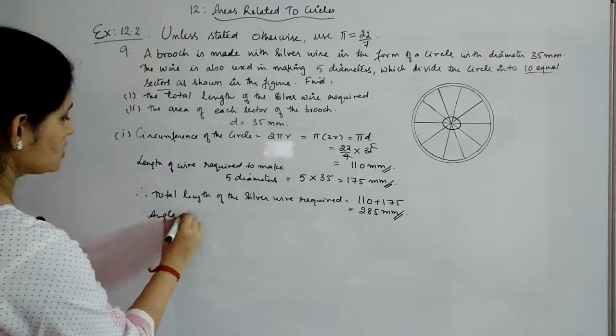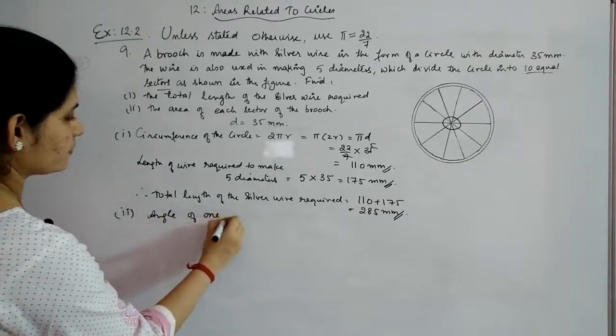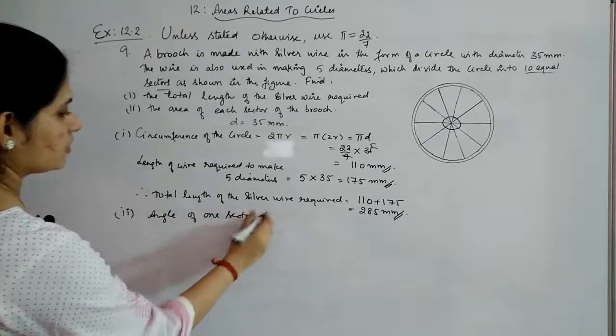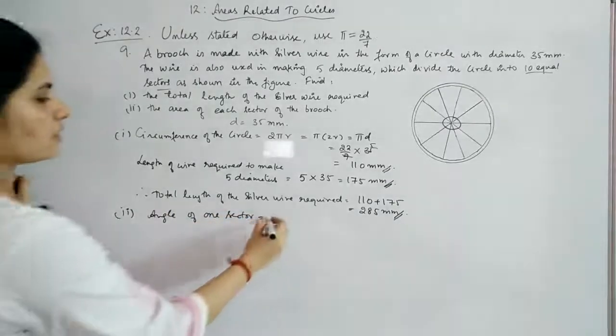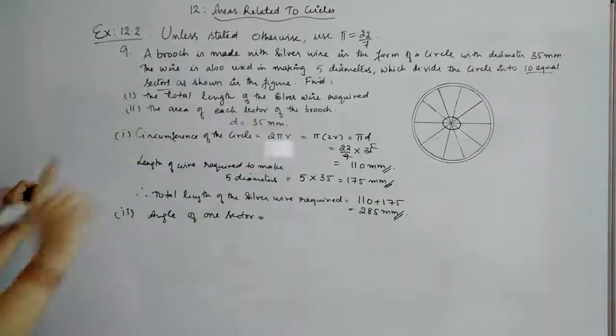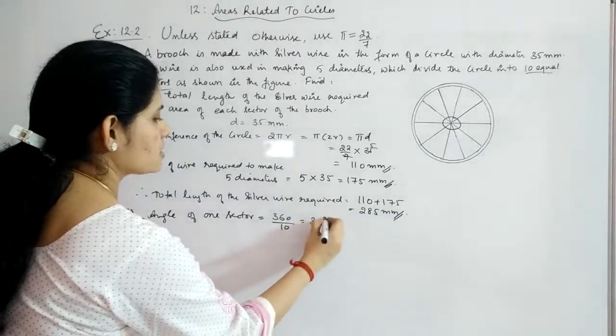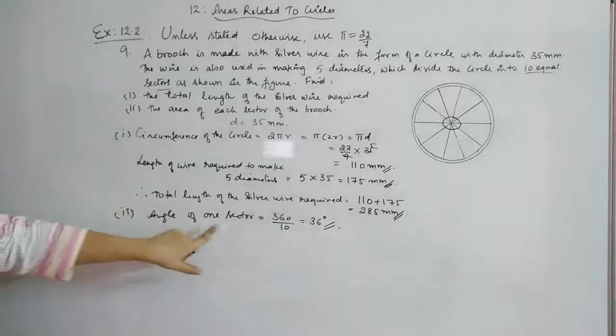The angle of one sector: for a total of 360, divided into 10, it is 360 divided by 10, which is 36. So this will act as theta.